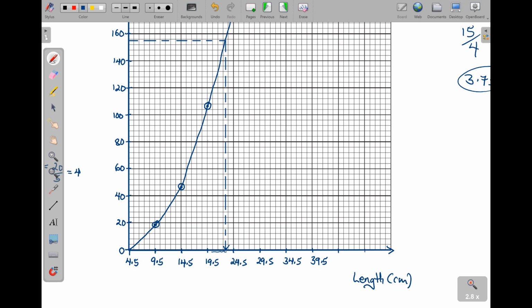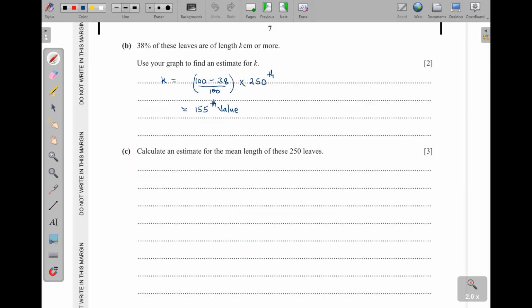Each small box here is equivalent to 1 unit. So I'll get 19.5 plus the 3.5, which will actually give us 23 centimeters. So that is that.